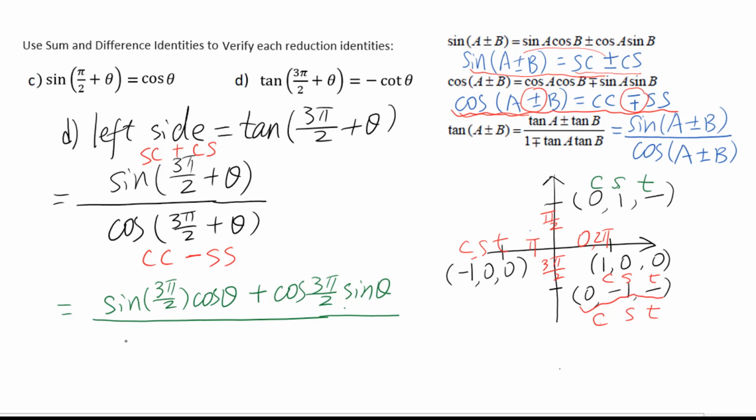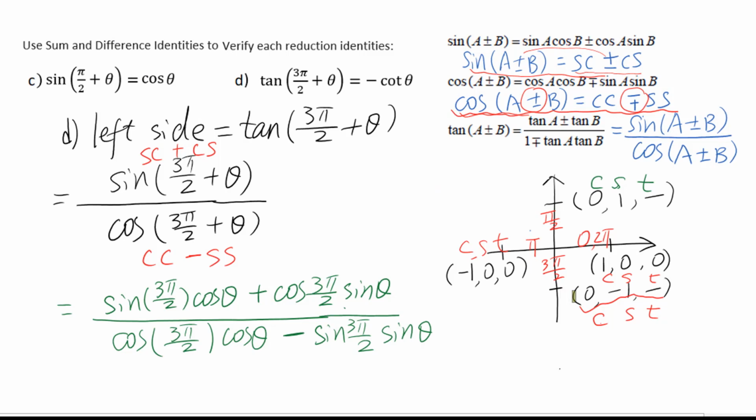For the denominator, you will have cosine 3 pi over 2 cosine theta minus sine 3 pi over 2 sine theta.